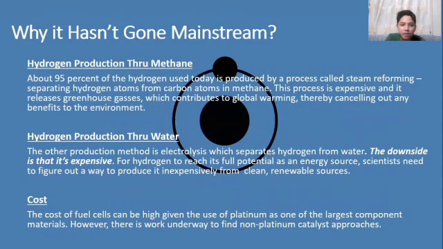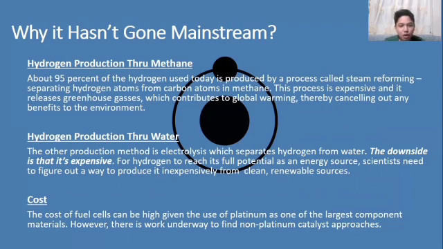Why hasn't it gone mainstream? Hydrogen produced through methane. About 95% of the hydrogen used today is produced by a process called steam reforming, separating hydrogen atoms from carbon atoms in methane. This process is expensive and it releases greenhouse gases, which contribute to global warming, thereby canceling out any benefits to the environment.